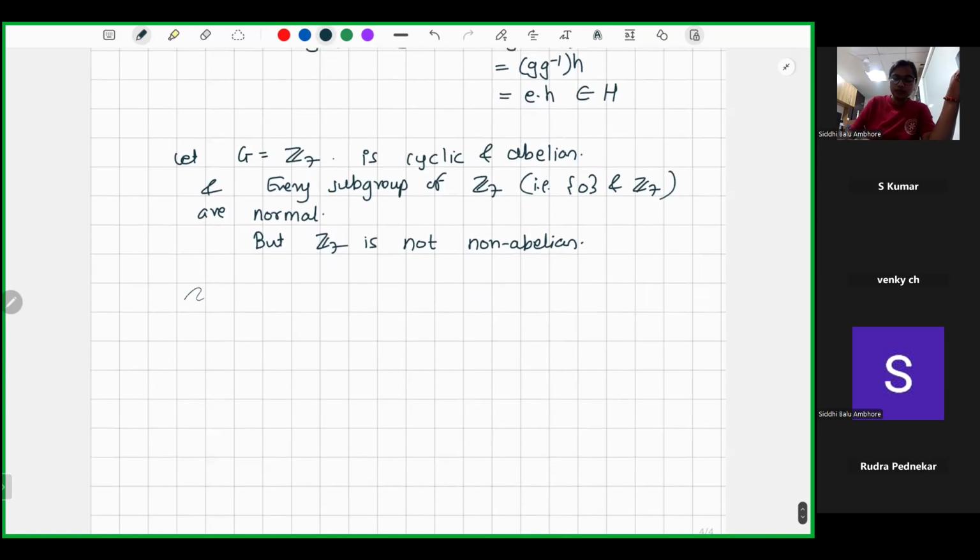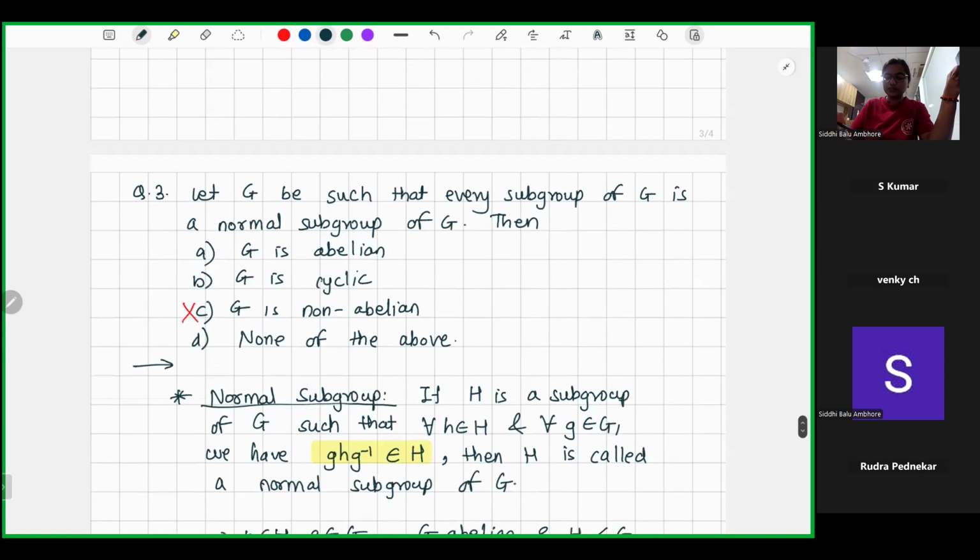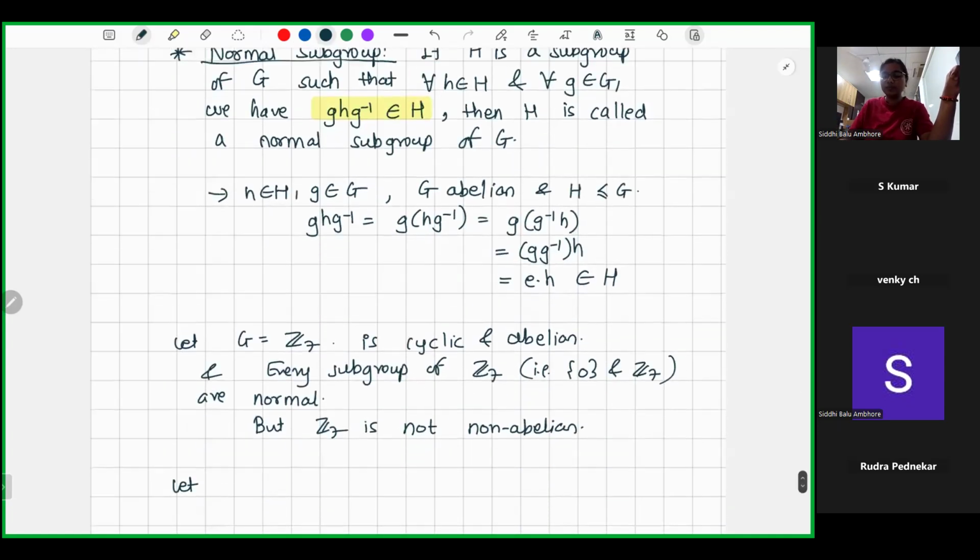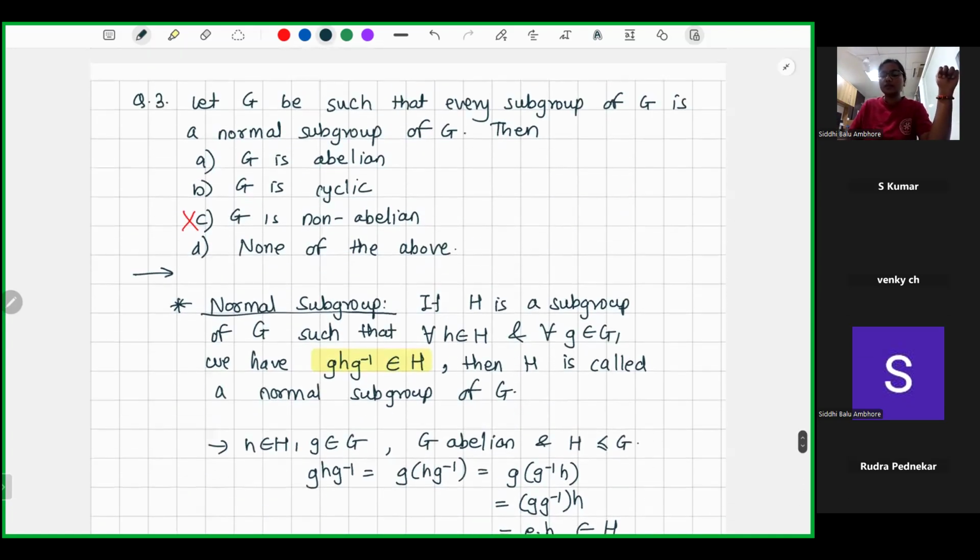Okay, so we have to now give a counterexample for this abelian or cyclic group. So we have to give G such that every subgroup is a normal subgroup, and G is not abelian.